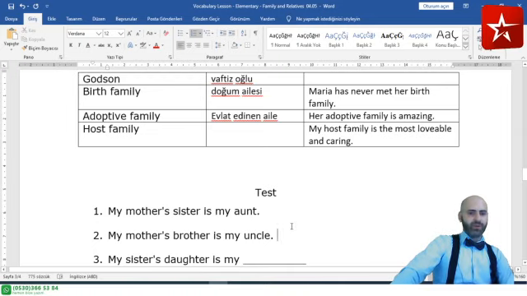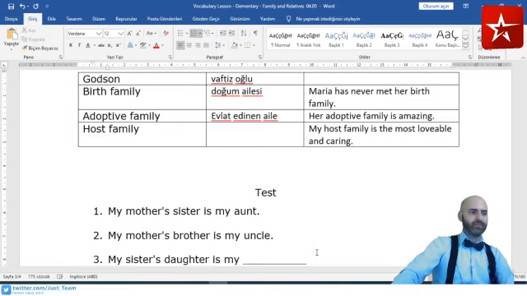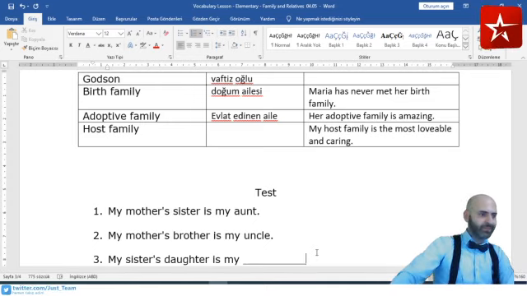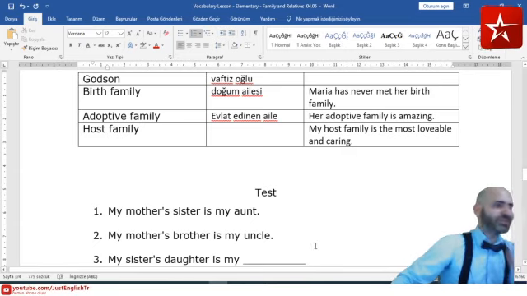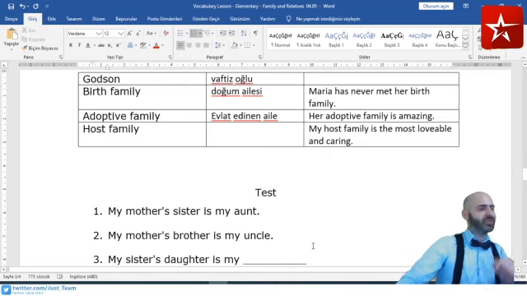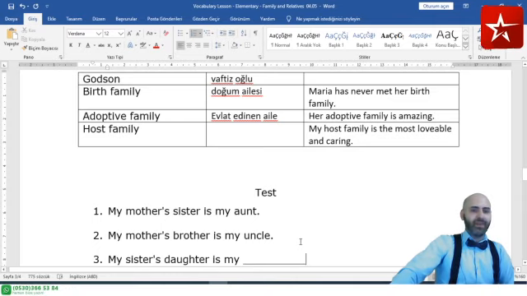The next question, question number 3. Thank you, Ellie, also. My sister's daughter is... What is my sister's daughter, guys? Okay. Hayrunisa also said the correct answer. I forgot. Sorry for this. Question number 3, guys. My sister's daughter. What do we say about sister's daughter?